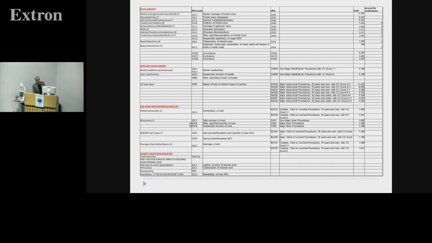So this is how the clinical coding looks. I also want to explain something called health resource grouping. When we collect the codes from OPCS, for example, if you are doing a middle meatal antrostomy, it has a code. If you are doing an anterior ethmoidectomy, it has a code.